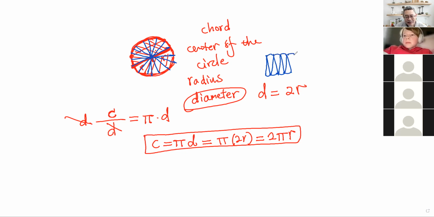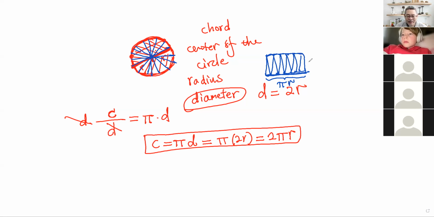And eventually what you get here is very much like a rectangle. From here to here is pi r, because half the slices are put down here and half are put on the top.